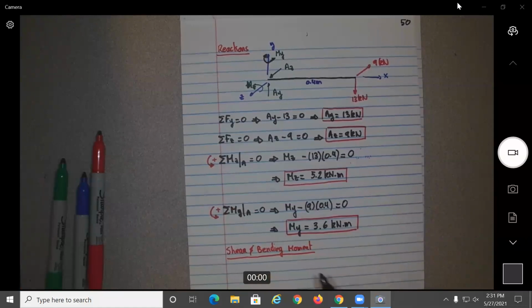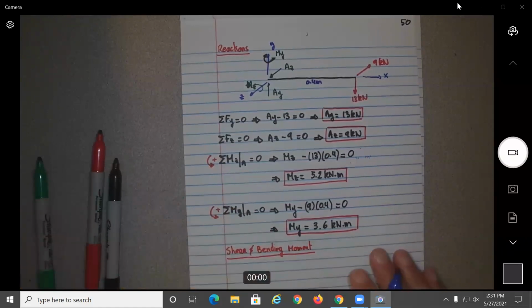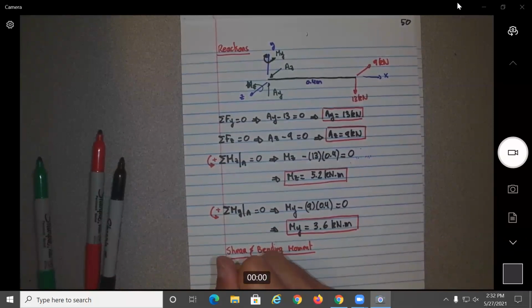Okay, so first I'm gonna break this in two parts, otherwise figures are gonna be way too complicated. So let's first look at the yz-plane.